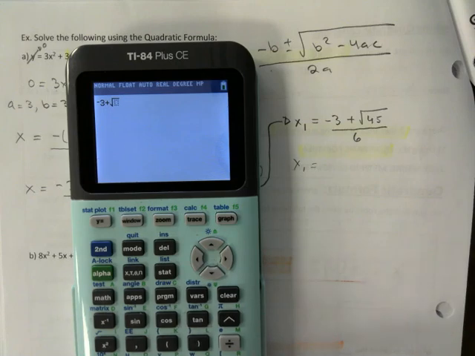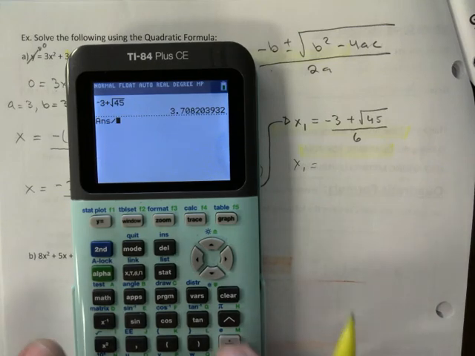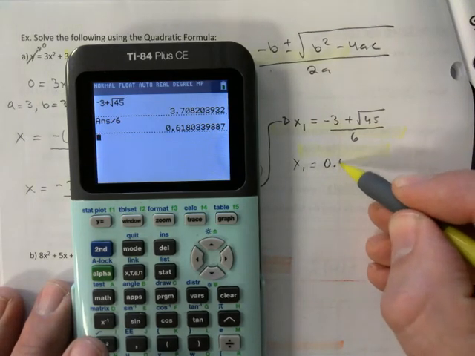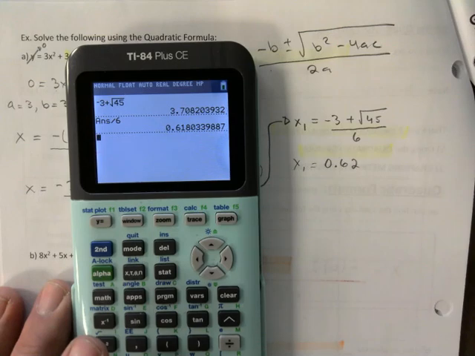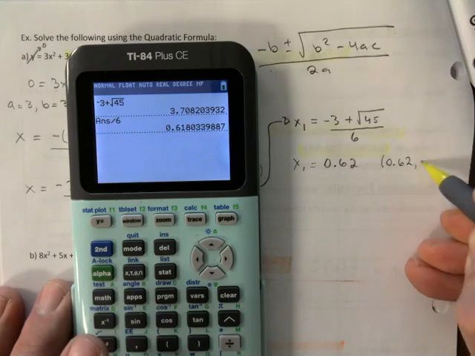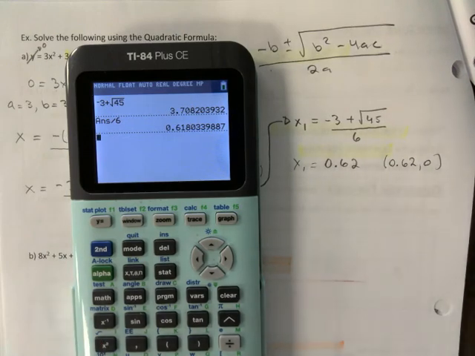Second, x2, 45. I hit enter at this point. And then I divide that by 6. So my first root is 0.62. So you literally found the first x-intercept of this parabola.